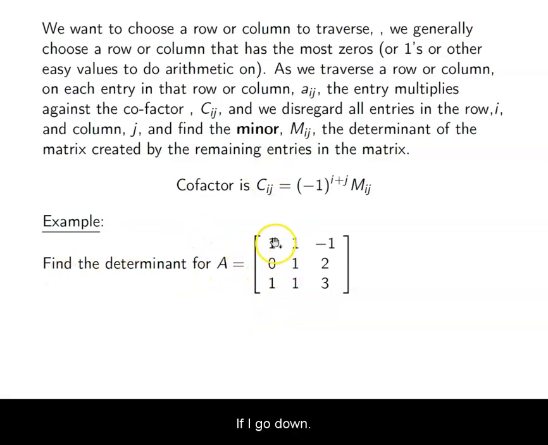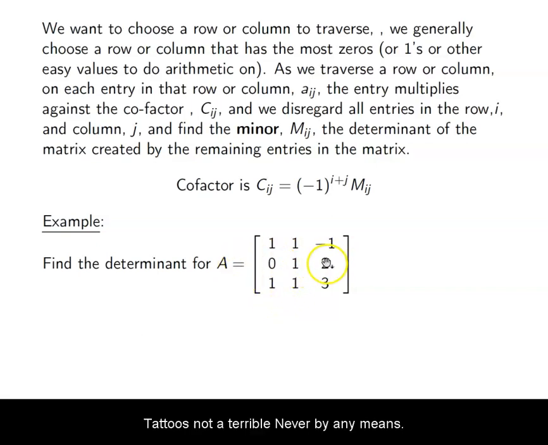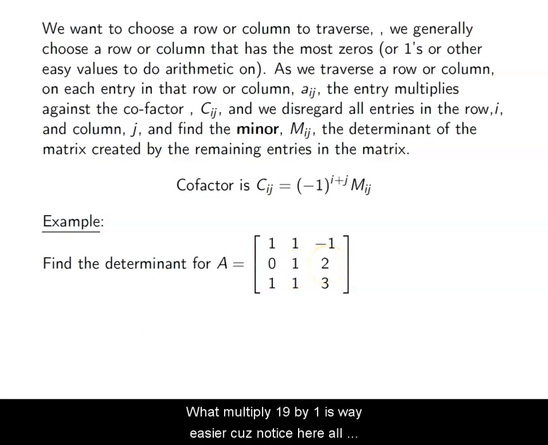So if I go down this column vector, we'll have a 0 and there's 1s there. Those are pretty nice numbers. If I go across, I got 0, a 1, and a 2. Now 2 is not a terrible number by any means, but multiplying things by 1 is way easier, because notice here, all we're doing is a lot of multiplication. This is the minor.